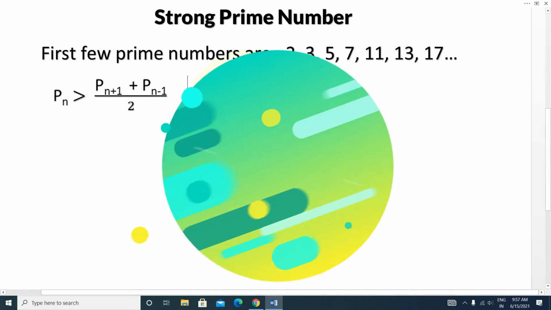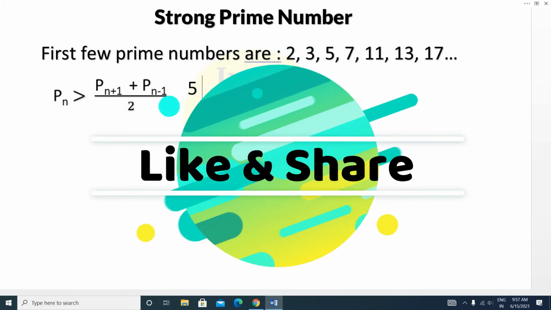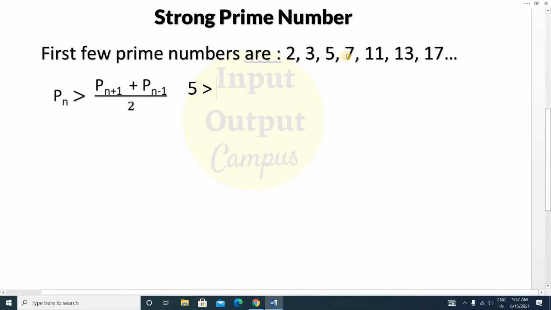So let's check it for 5. 5 is a prime number, so 3 plus 7 equals 10, and 10 divided by 2 is 5. Is 5 greater than 5? No, 5 is not greater than 5. So 5 is not a strong prime number.